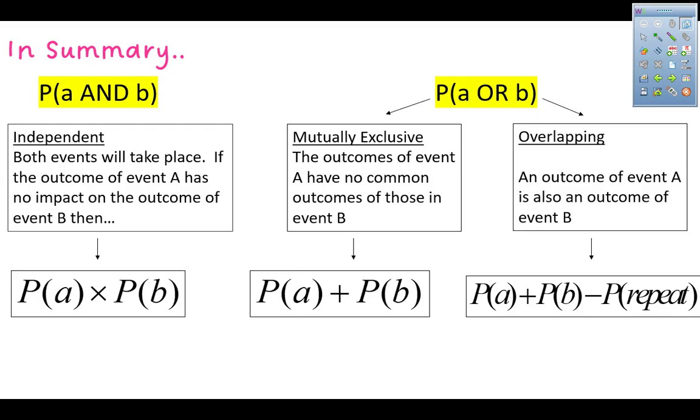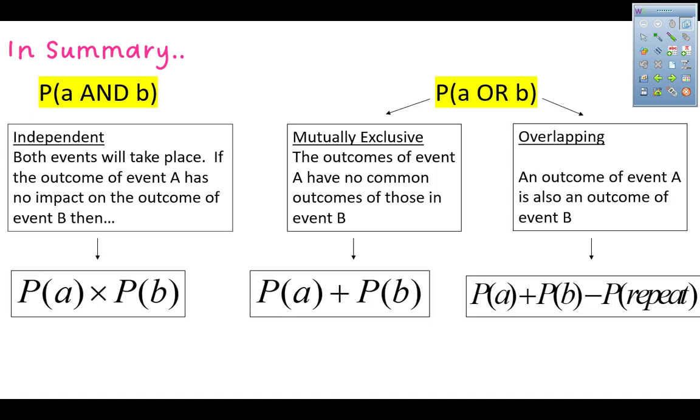If 2 or more things are gonna happen, we're just gonna multiply them, like we did in the warm-up. But if it says or, that means only one's gonna happen. So if only one event's gonna happen, you have 2 opportunities, mutually exclusive or overlap. Mutually exclusive is when event A shares no common outcomes with event B. They've got nothing in common, there's no repeats. We're gonna add them.